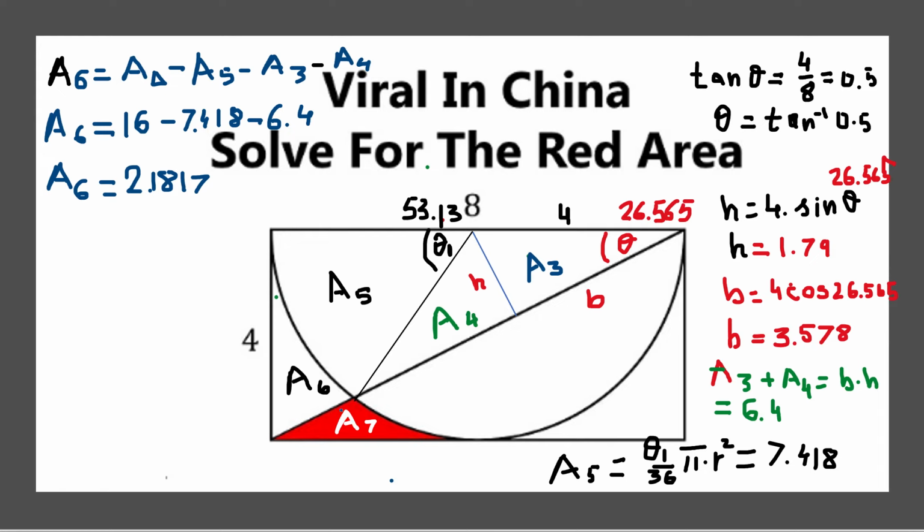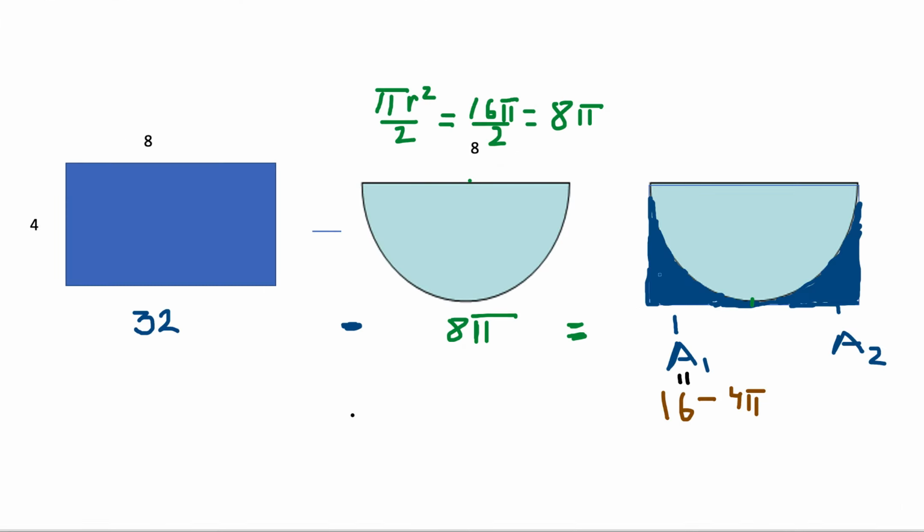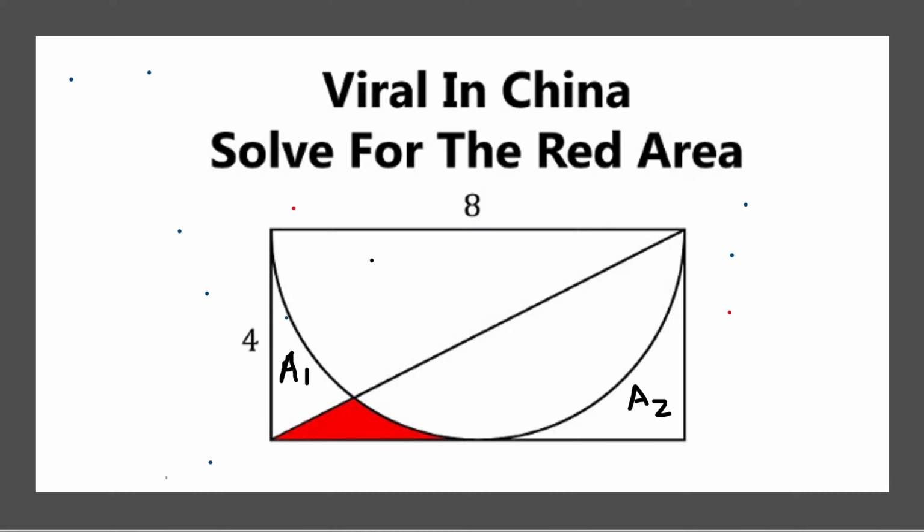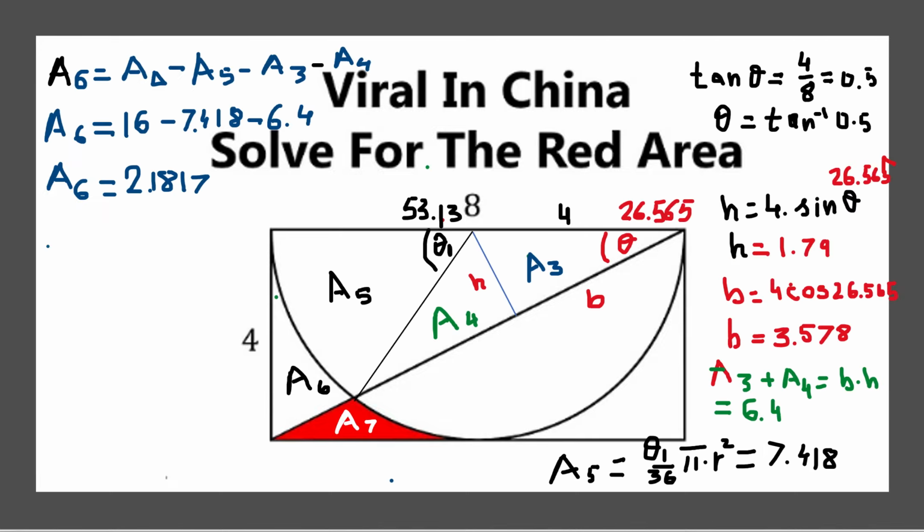But look now, A1, what we had here. This is A1, this part here, and this is A2. Those are the same. Now A1, this part here, let me write in a different color maybe.